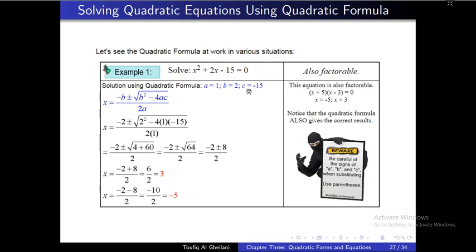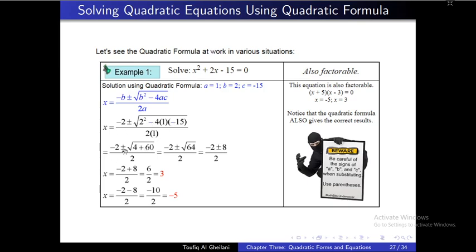Now let's apply these values in the formula. x equals minus, what's the value of b, 2, plus or negative square root of b squared, 2 squared, minus 4 times 1, what's the value of a, 1, times the value of c, minus 15. I put it in brackets to remind myself that when I multiply minus with minus it will give me positive.